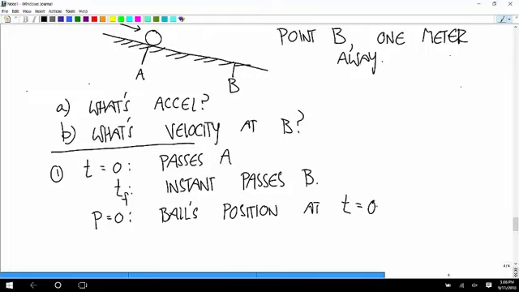That seems like a cumbersome way to write it, except if you think of it this way, it's clear that choosing your position equals 0 at the object's location at time equals 0 makes p sub I equal to 0. So that's a helpful thing to notice. This is going to mean that p sub I is equal to 0. And then the positive direction is down the ramp. Either one's fine, but that makes sense to me.